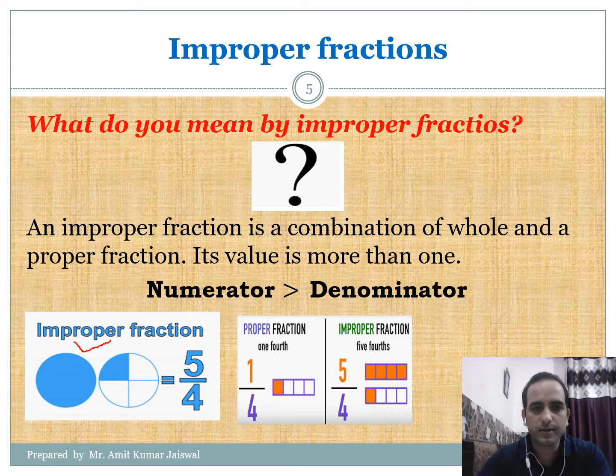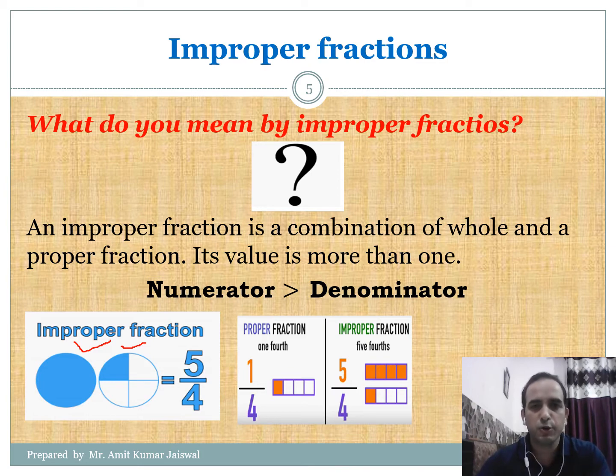So the entire circle and 1/4 both taken together, we call it improper fraction because it is 5 upon 4 and numerator is larger than the denominator. So 5 is larger and 4 is a smaller value. So in case of improper fraction, a whole is involved and a part is also there. So the improper fraction basically we identify by observing its numerator and denominator.